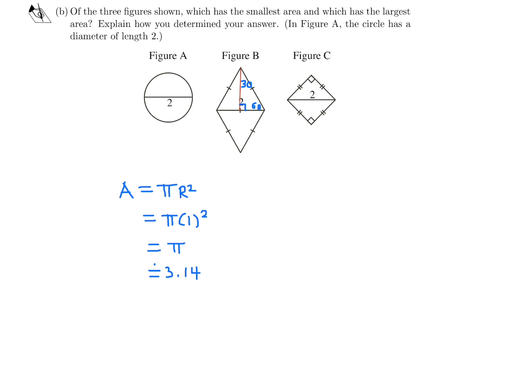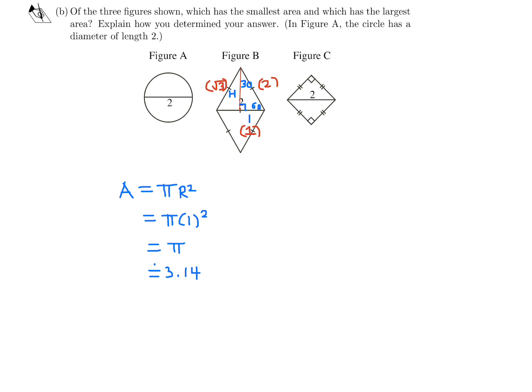So from here to here is 2, so from there to there is going to be just 1. And then I can therefore find h using the 30, 60, 90 triangle ratios. In any 30, 60, 90 triangle, the ratio of the sides are 1, 2, and root 3 for this guy right here.